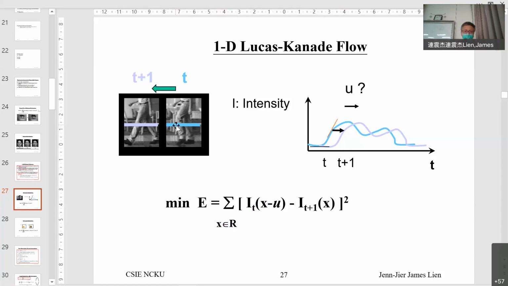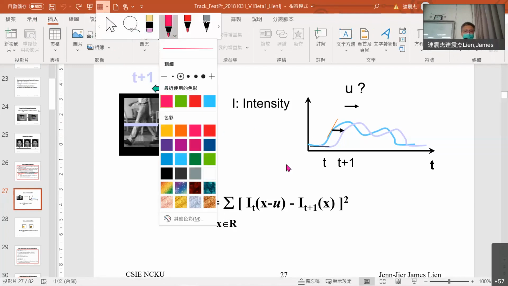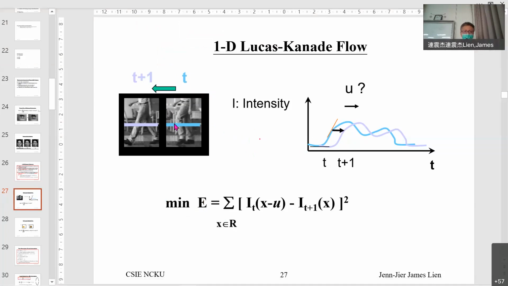We just pick up one point here, and assume there is a small patch here. This patch will track to here. Suppose this patch is 11 by 11, then there is a small segment here, and from this segment you want to track to this segment. This is the displacement u.